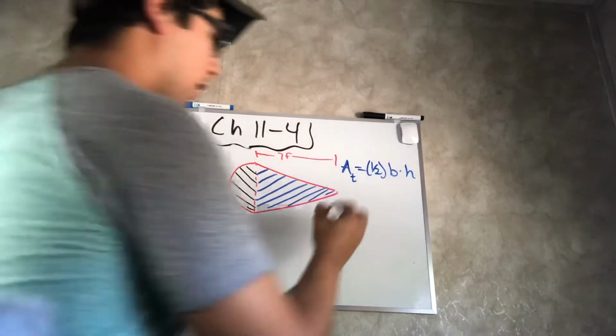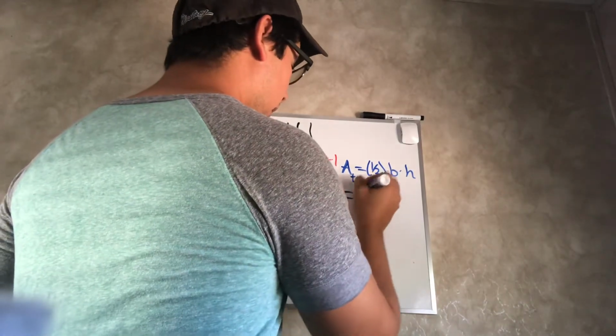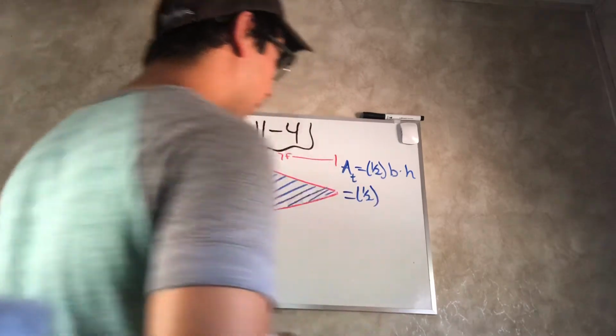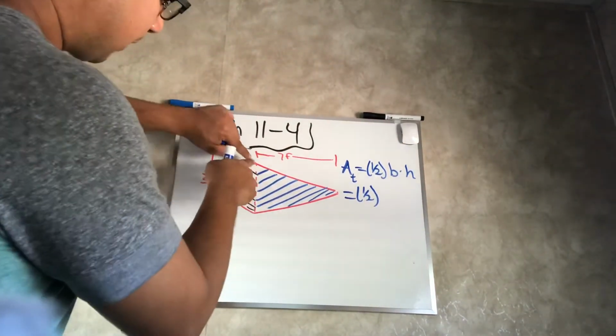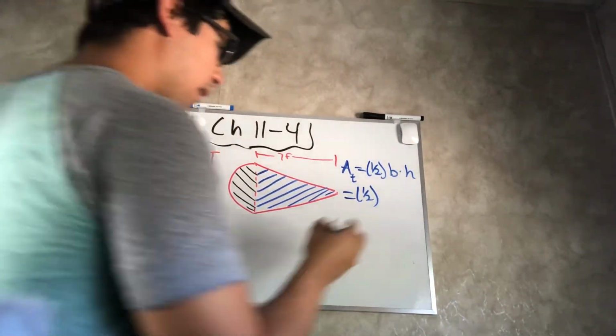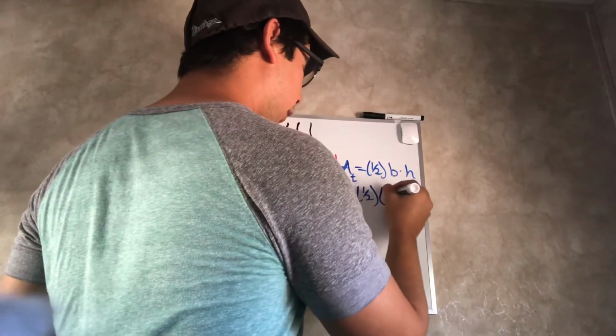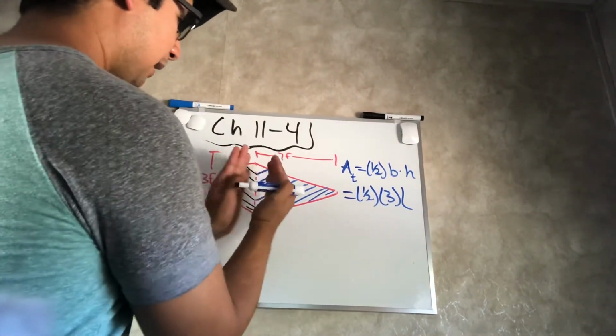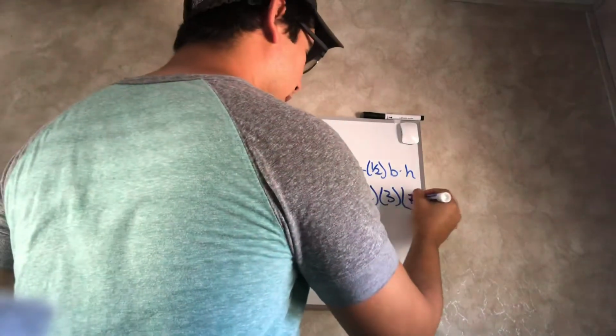Okay, so let me substitute. So we have 1/2 times my base. Well, this here is my base, and it's telling me that it measures 3 feet. So 1/2 times 3 times my height. Well, here it has a height of 7. So times 7.